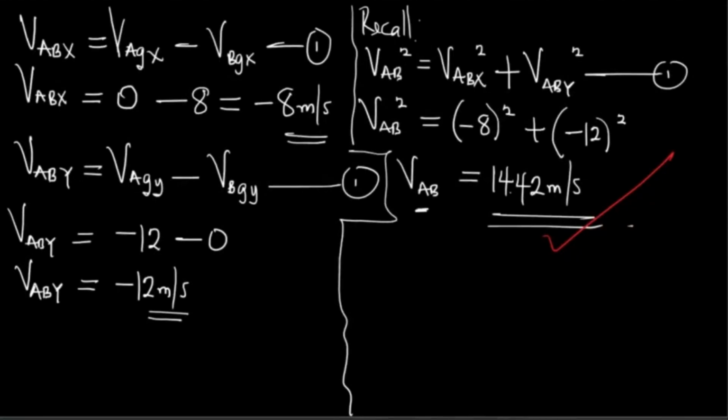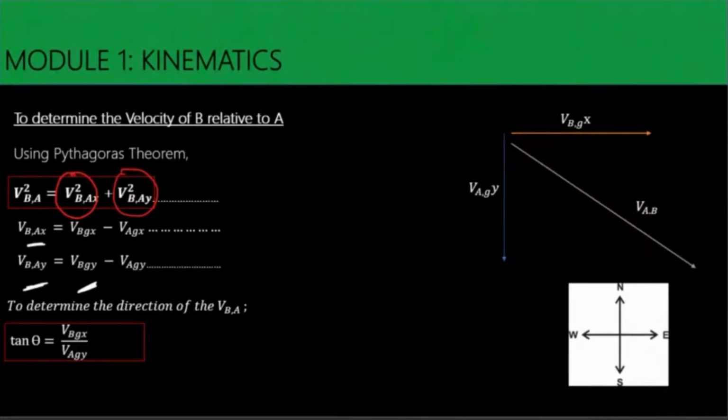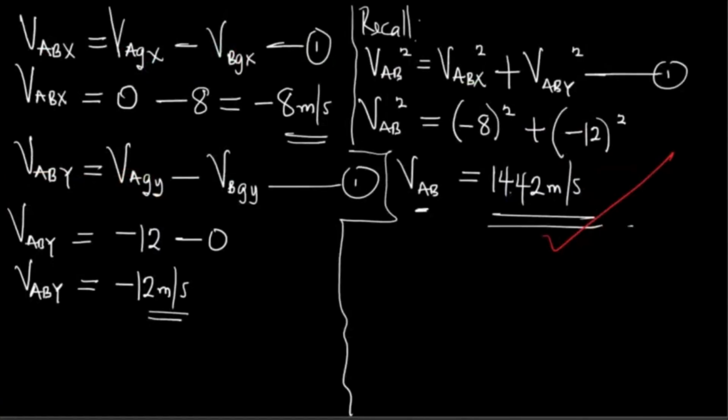For the second part, let me just read from my textbook here. The direction. How do you determine the direction? Now, I want you to look at something here. We have the resultant velocity, which we've already gotten.